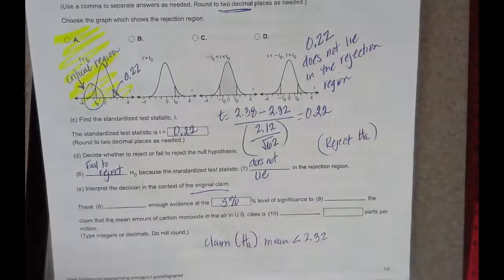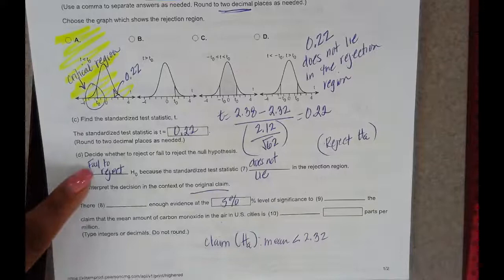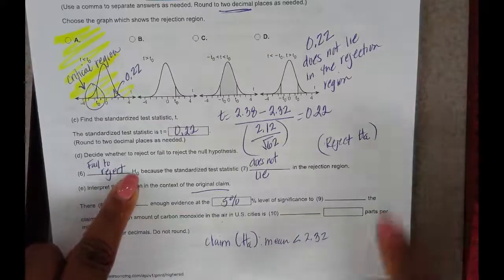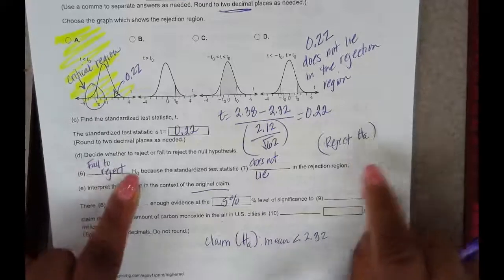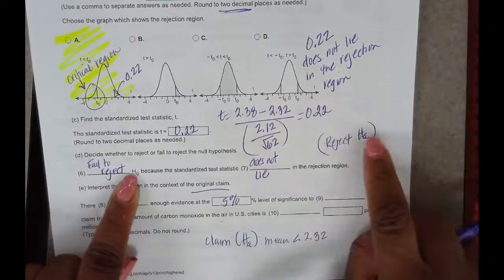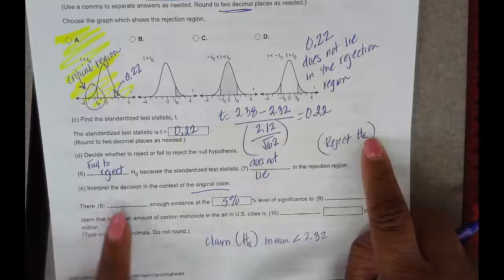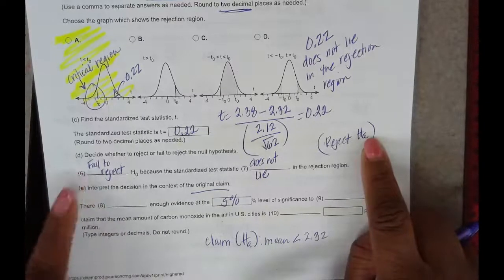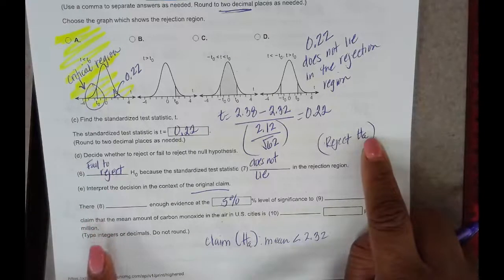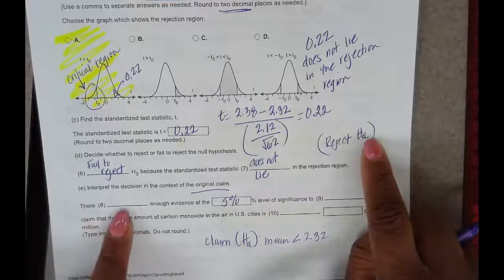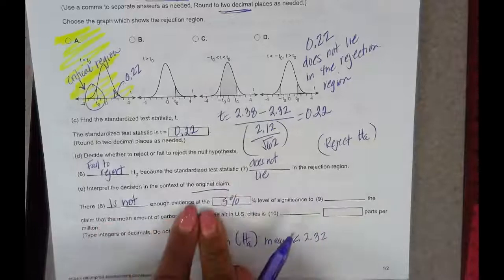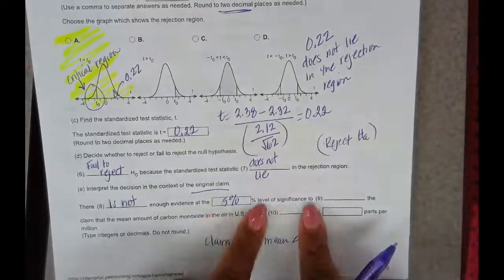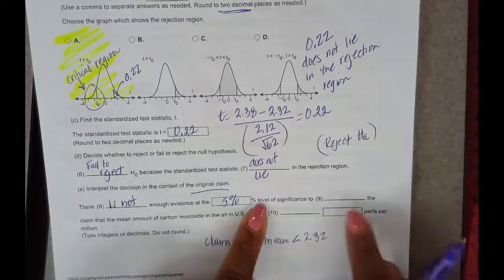Let's go back to what we are deciding to do. We are failing to reject the null, which means we are rejecting the alternative. If I am failing to reject the null, that means there is not enough evidence at 5% level of significance to do what to the claim.